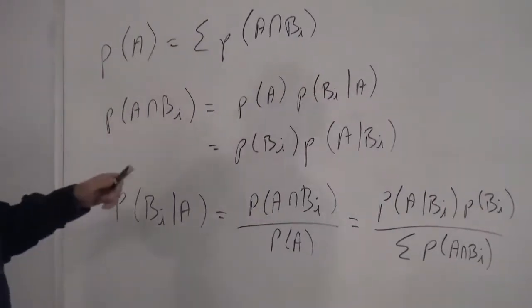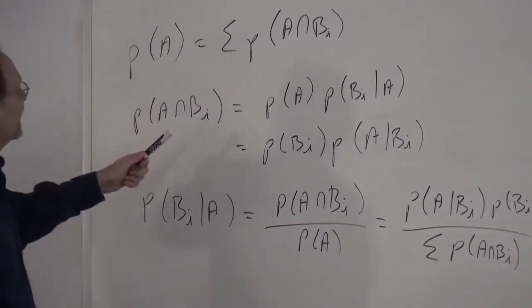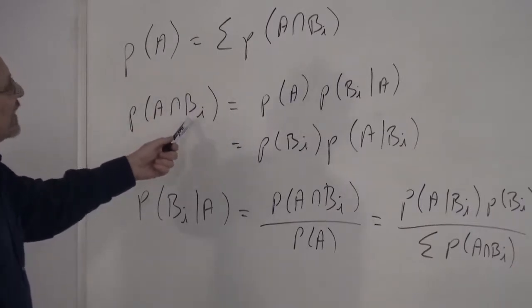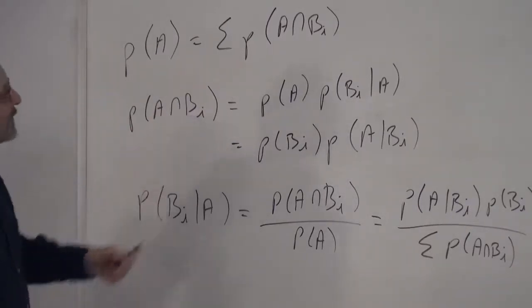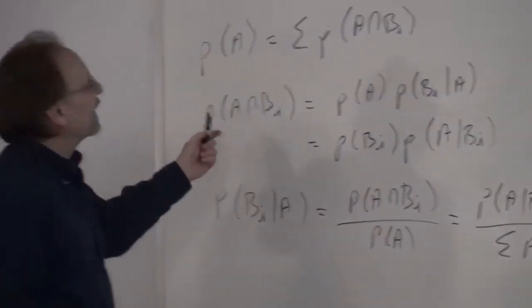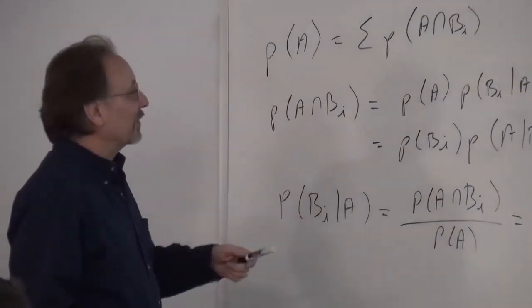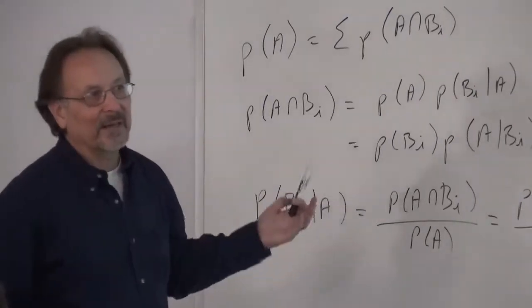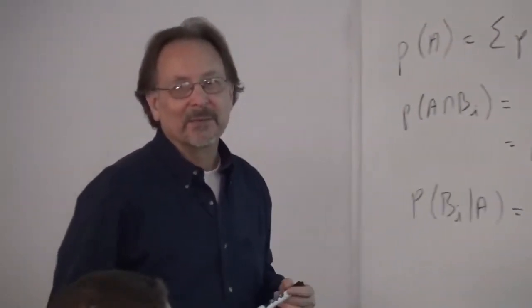A is the probability of failure in this case. B sub i is the supplier A and supplier B probabilities. Once you've made the Venn diagram, once you've made that equivalent, then you can go ahead and start substituting and manipulate those equations.